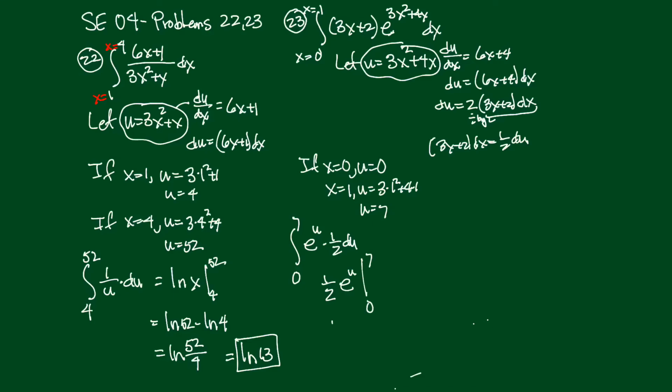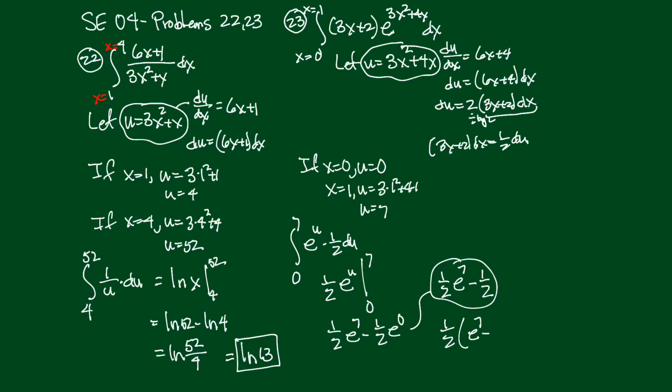So this is going to give us 1/2 e to the 7th minus 1/2 e to the 0. E to the 0, of course, being 1. So we get 1/2 e to the 7th minus 1/2. That's probably okay, or I can factor out the 1/2, getting 1/2 times the quantity e to the 7 minus 1.